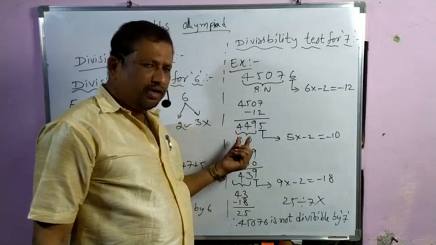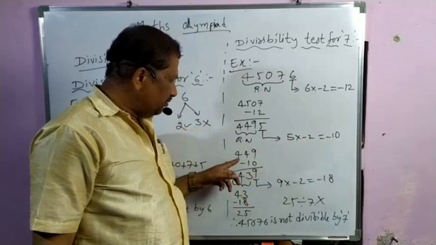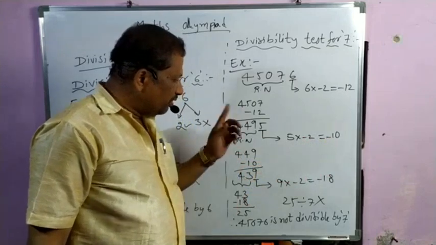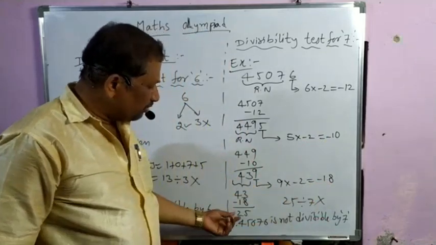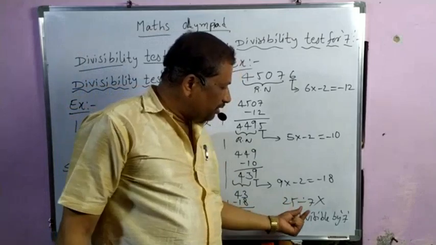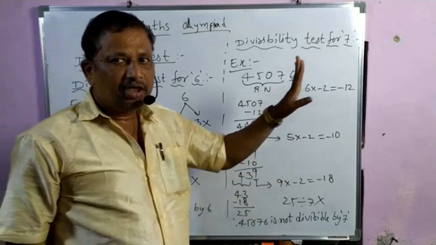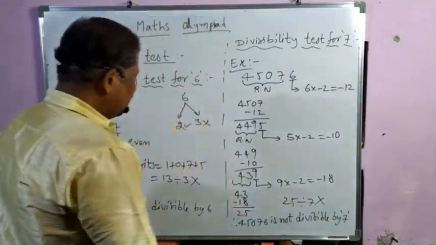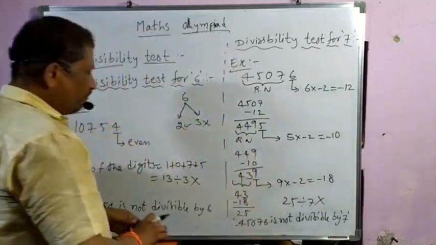If it is a big one, then again you take the last digit, double it, and subtract from the remaining number. Whatever you get, if it is a sufficiently small number, then you divide that small number by 7. If it is divisible, then the number is divisible. If it is not divisible, then the given number is not divisible. Okay, is it clear? So next we will check the divisibility test for 8.